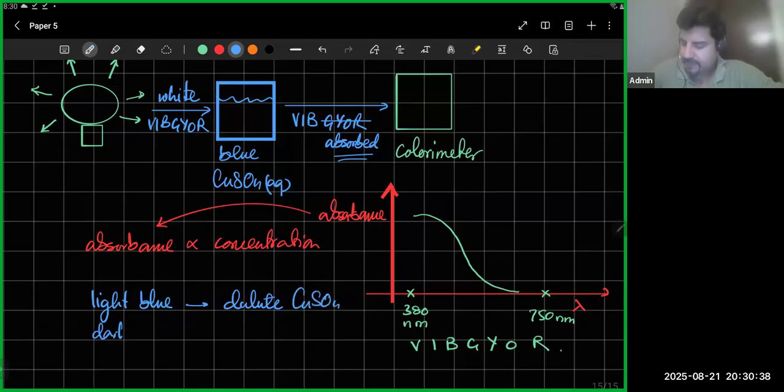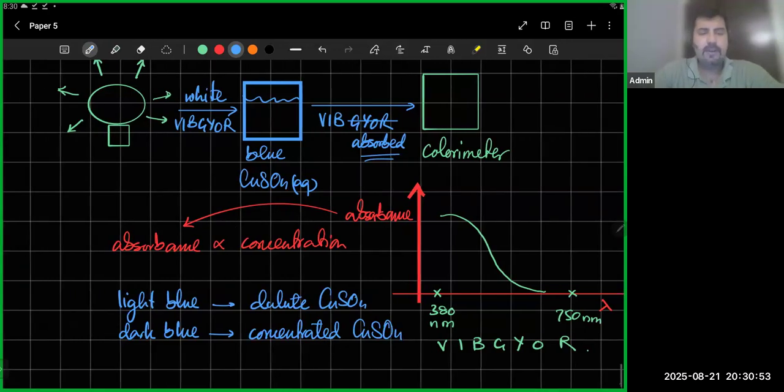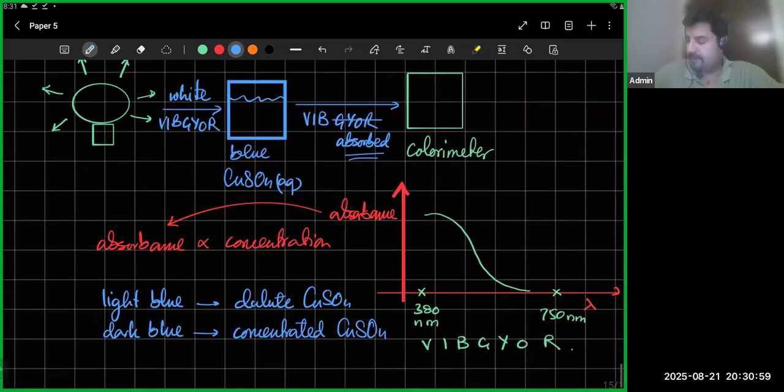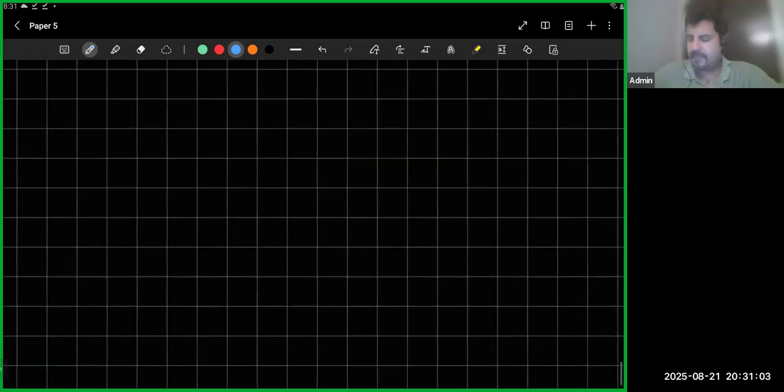And if you see a darker version or more intense blue, that means you have concentrated copper sulfate. You guys will keep this in mind, what a colorimeter does. So I'm moving on to the next thing about P5. We're kind of done with the apparatus.